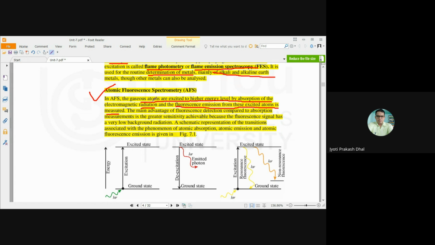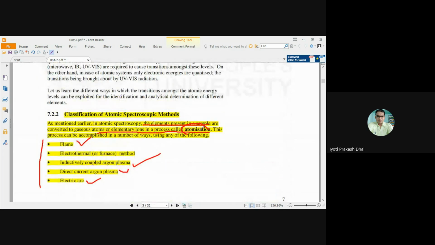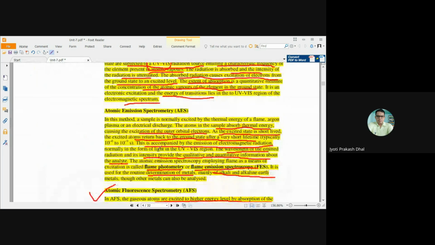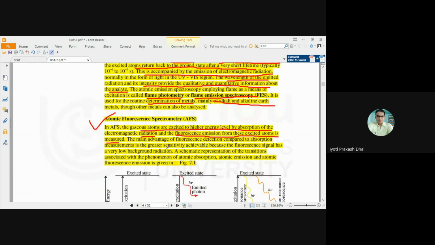here the sample is in isolated gaseous atomic form. That means before the analysis, the sample should undergo atomization by various processes, and after atomization, the isolated gaseous atoms present in the sample will first be excited by absorption of electromagnetic radiation, and after that they will undergo fluorescence emission.